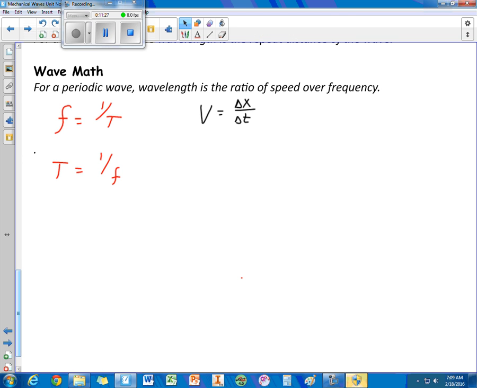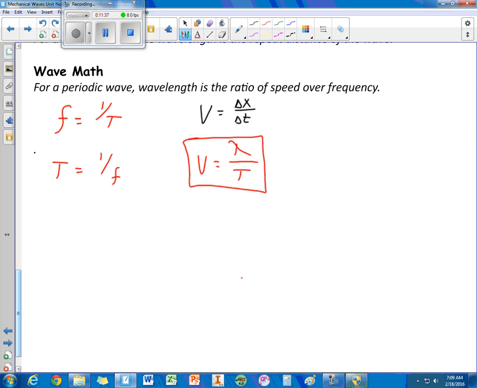So for the speed of a wave, our delta x is going to be the wavelength, lambda, and the time is going to be the period, T. Substituting in, we can also see that v equals wavelength times frequency. So take a look at that, and you should be able to follow that math in your head pretty quickly. Now, these two formulas are always true.